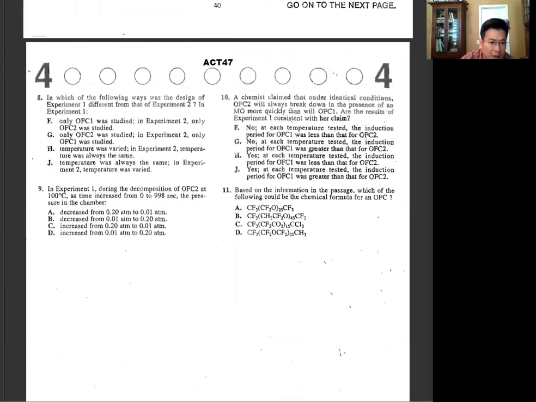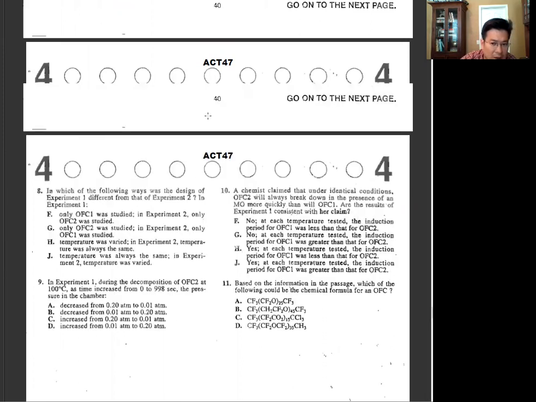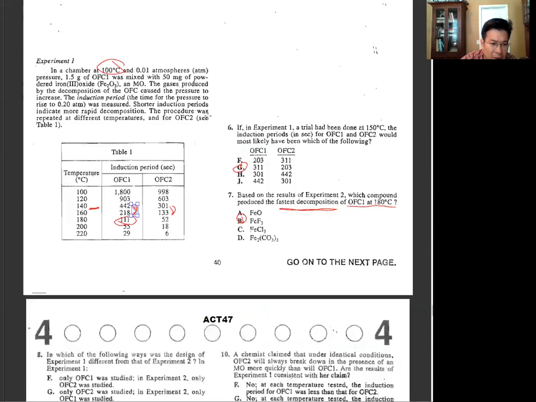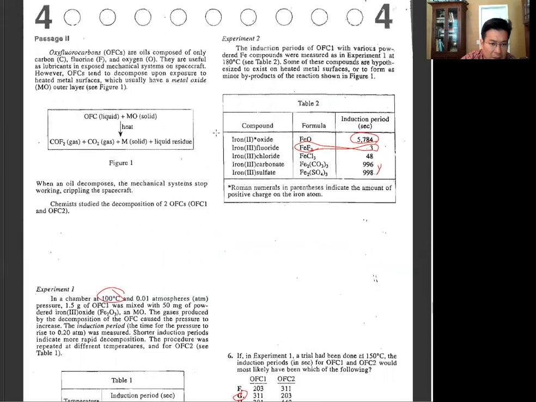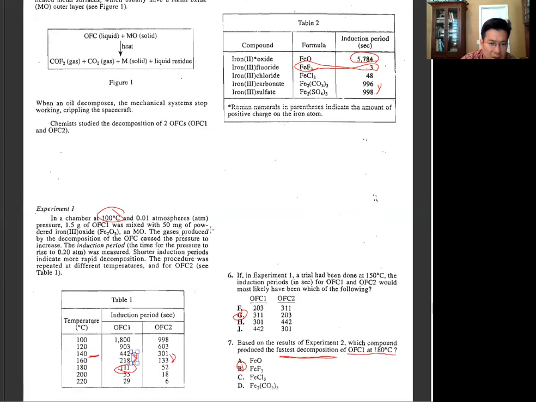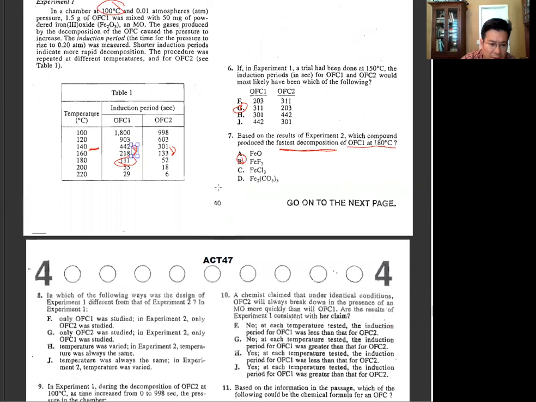In which of the following ways is the design of experiment 1 different from experiment 2? Experiment 1 is temperature going up, and then how the OFCs behave. But experiment 2 is more about the same temperature, because it says 180 here, and it just gives you each different formula's induction period.